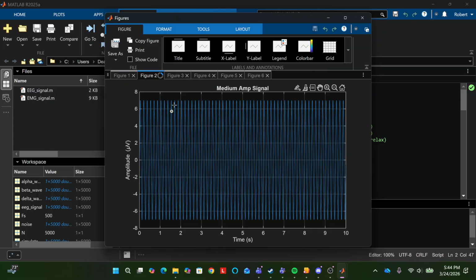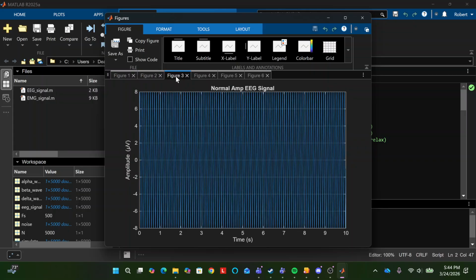Now we're looking from the top of this one, and we can go down to the bottom, which is 1.7. So the amplitude changing when we're drowsy is pretty quick.